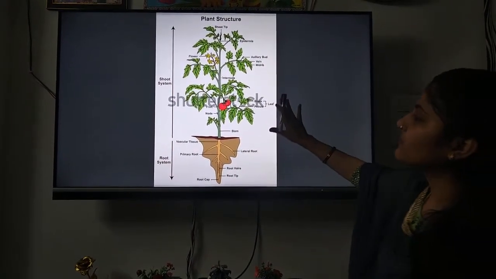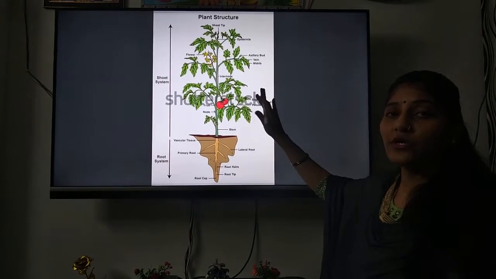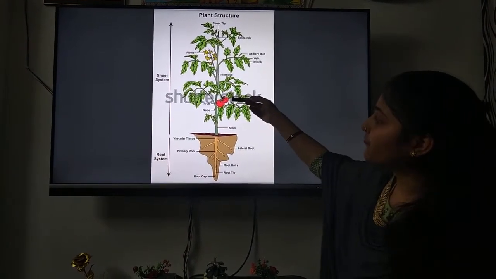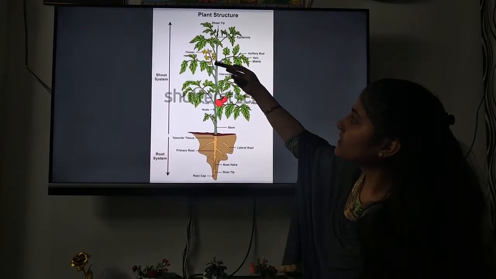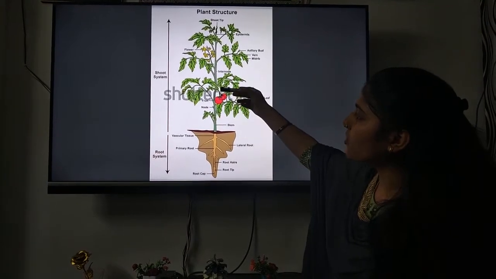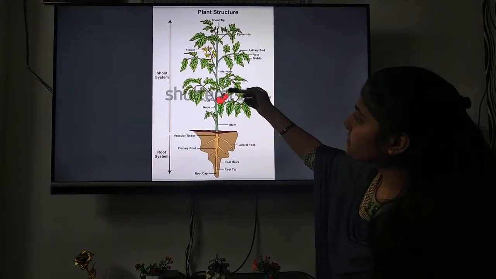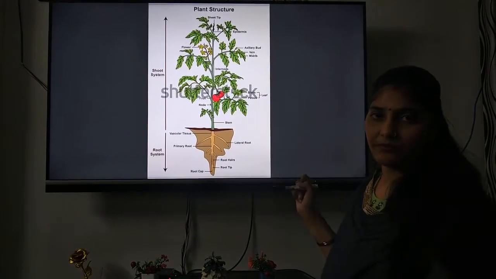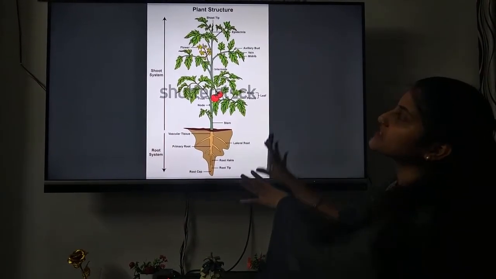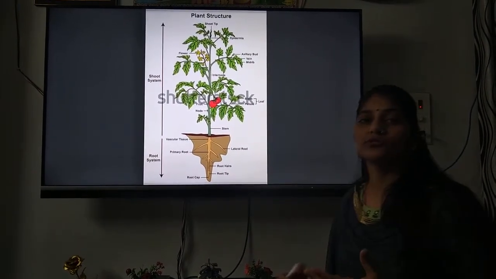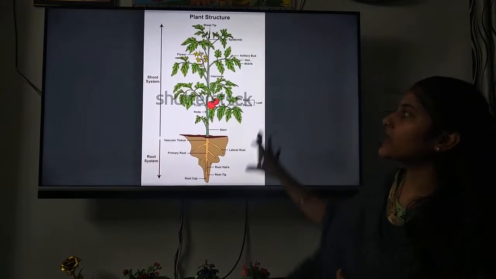The main parts we are going to learn about are the leaves, the fruit, the flower and the stem. The middle part on which the leaves, fruits and flowers are attached is the stem. So this is the basic structure of a plant. Keeping this in mind, we are going to see how these parts are used as food in our daily life.